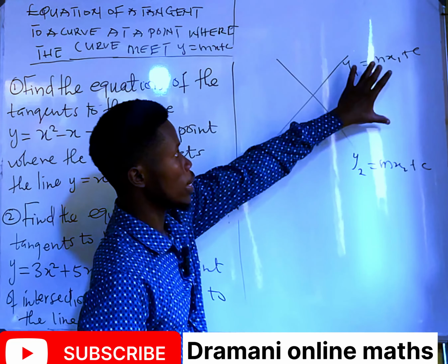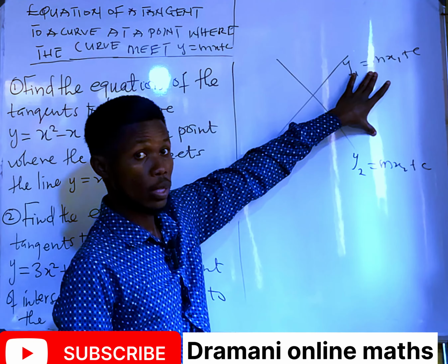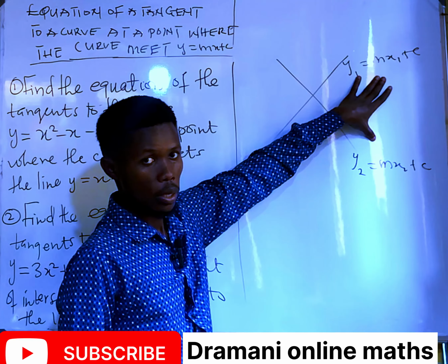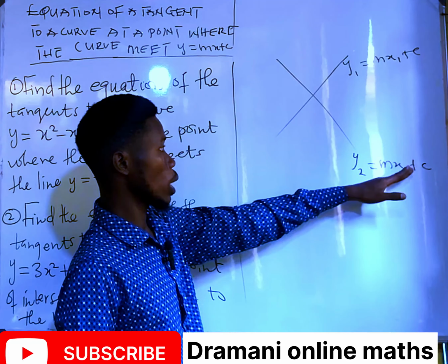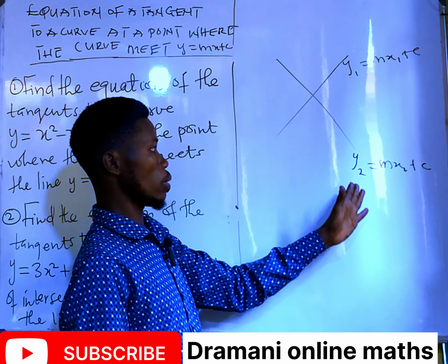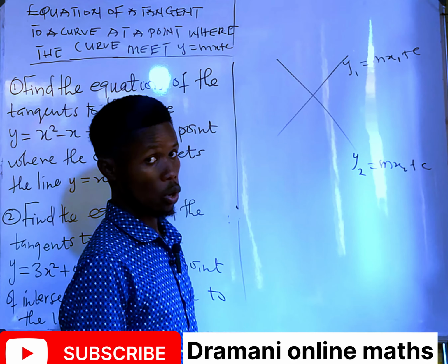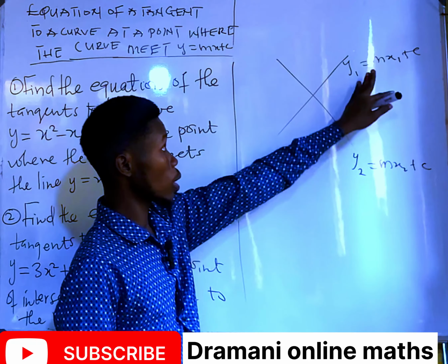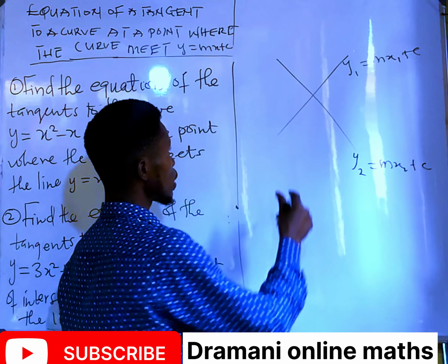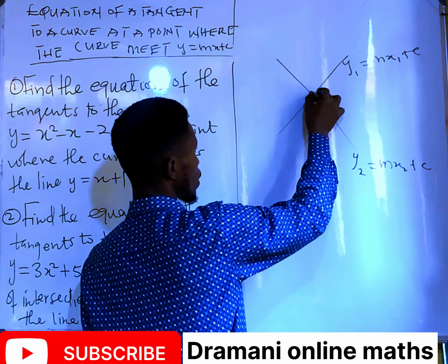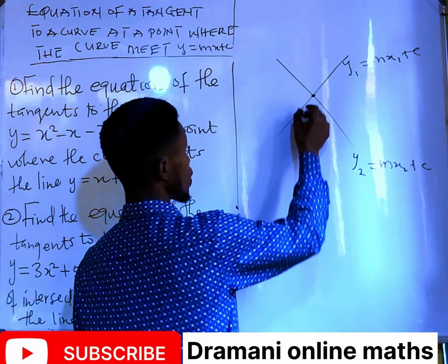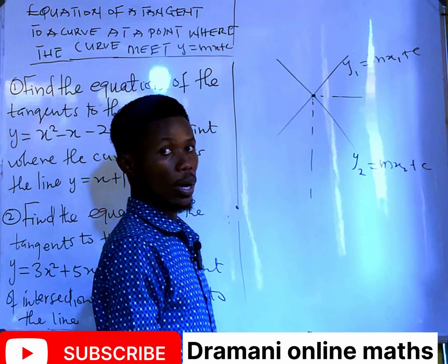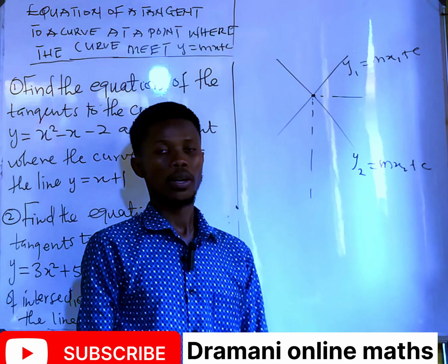If you want to solve them algebraically, you can solve them simultaneously to get the x and y that you are looking for, your point. You can also draw these two lines on the graph, and you see that the two lines will intersect, and when they intersect you trace it to get your x and y from the graph.